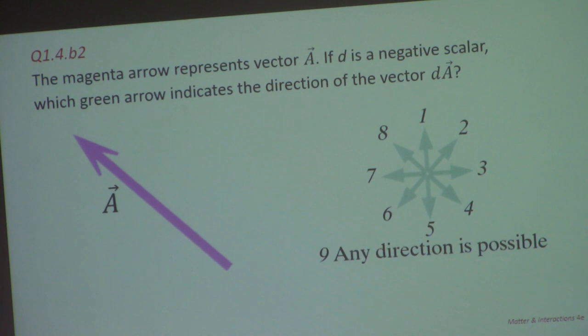Are you not talking because it's obvious? Okay, you ready? What's the answer? Fingers. 4. Yes, if you multiply by a negative scalar, then the signs of all the components reverse, and so the vector goes in the other direction. Awesome.